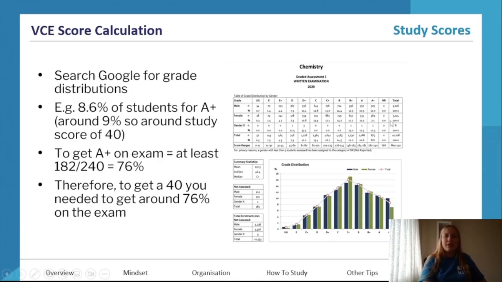We will show you the total amount of students and the total amount of students that scored in each one of these sections for their grade for the subject and the subject's exam. So you can literally just look this up on Google for your particular subject with the keywords grade distributions.